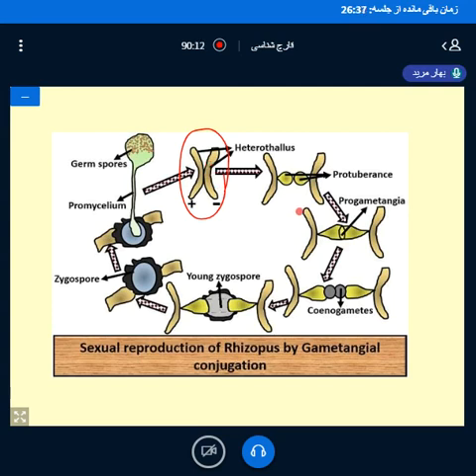Conjugation, and gametangia form, male and female, or plus and minus.